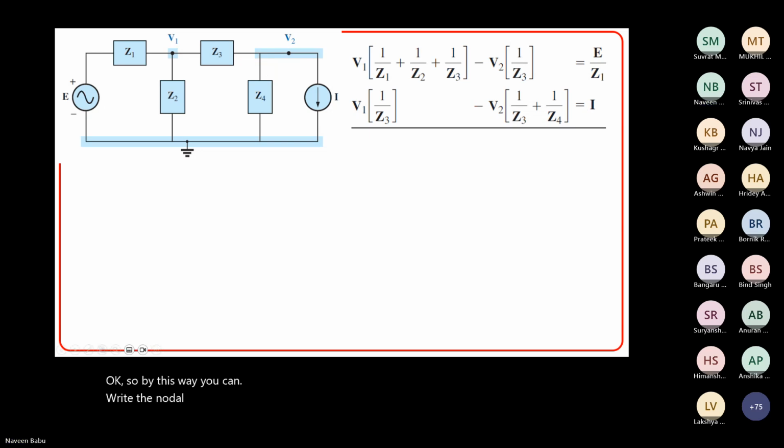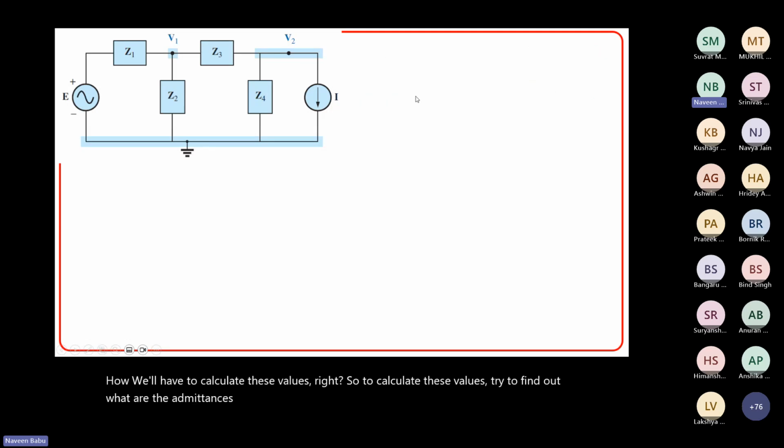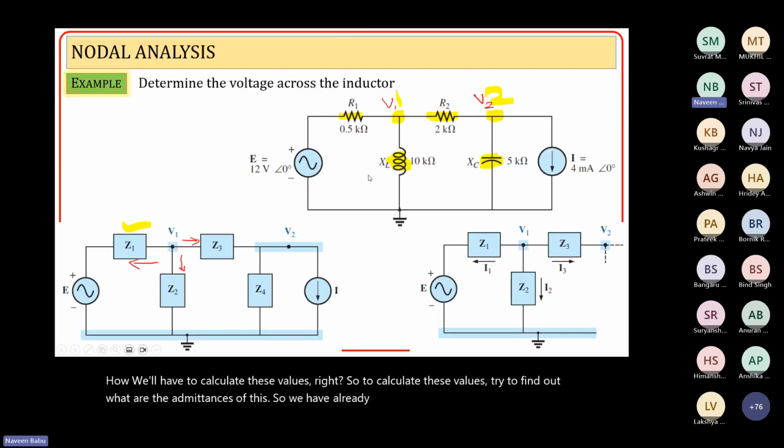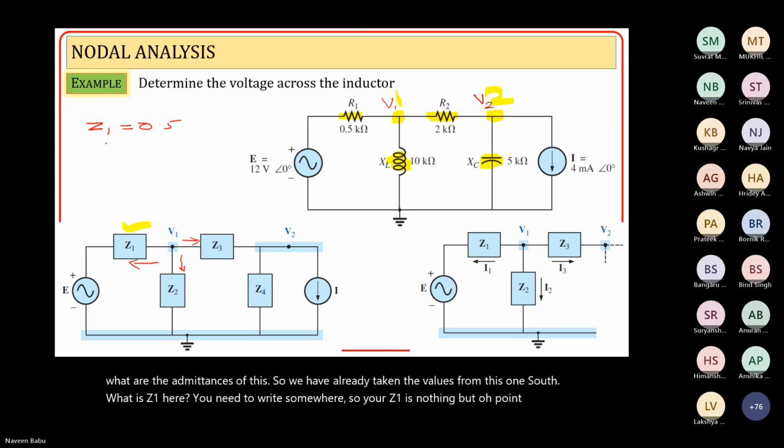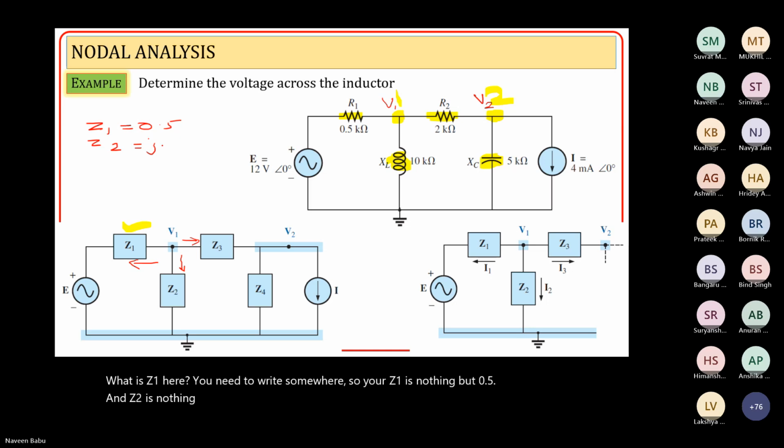Now, how will we calculate these values? To calculate these values, try to find out what the admittances are. We have already taken the values from this one. So what is Z1 here? You need to write it somewhere. So your Z1 is nothing but 0.5 and Z2 is nothing but J10.